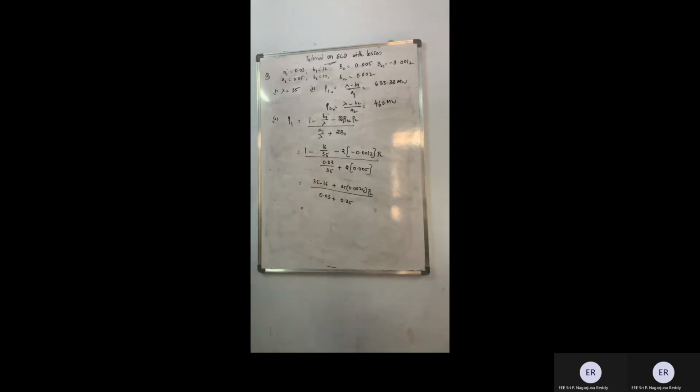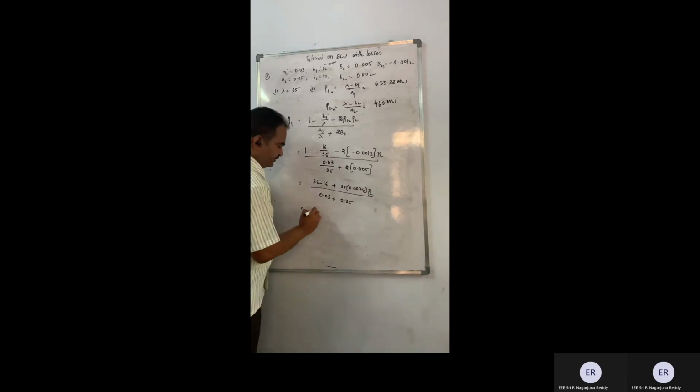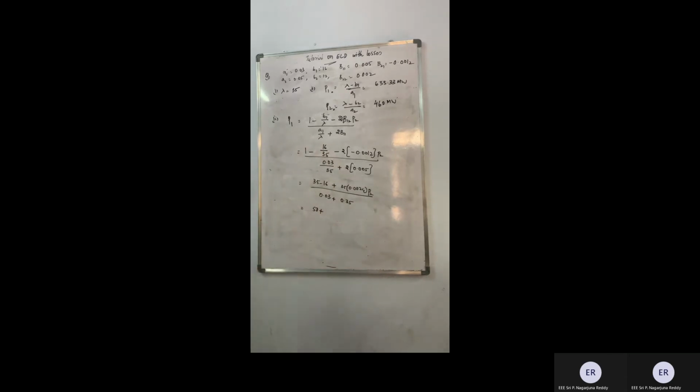So this will be somewhere around, let me calculate first. So this is going to be 50 plus 0.2211 P2.